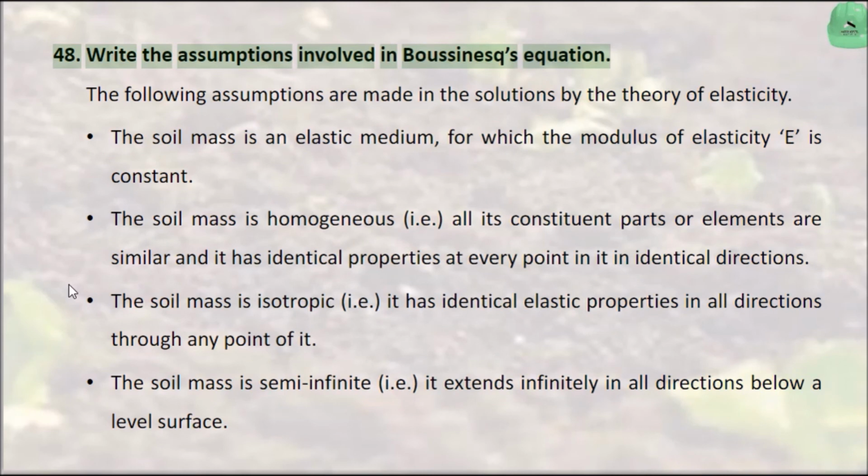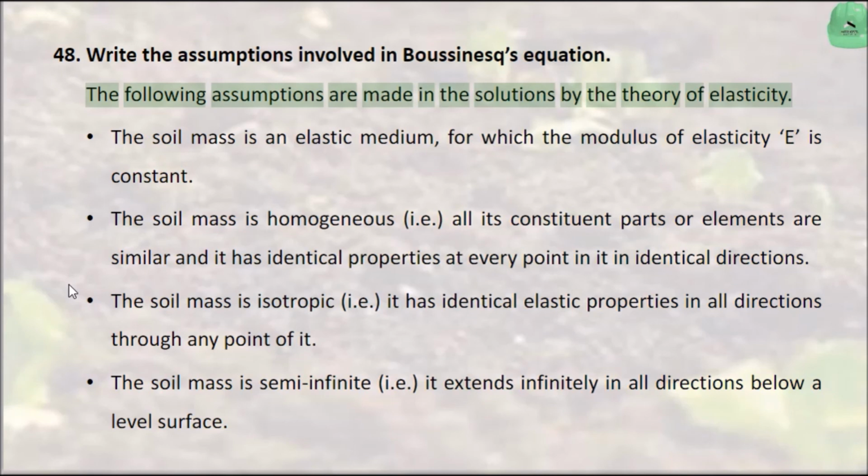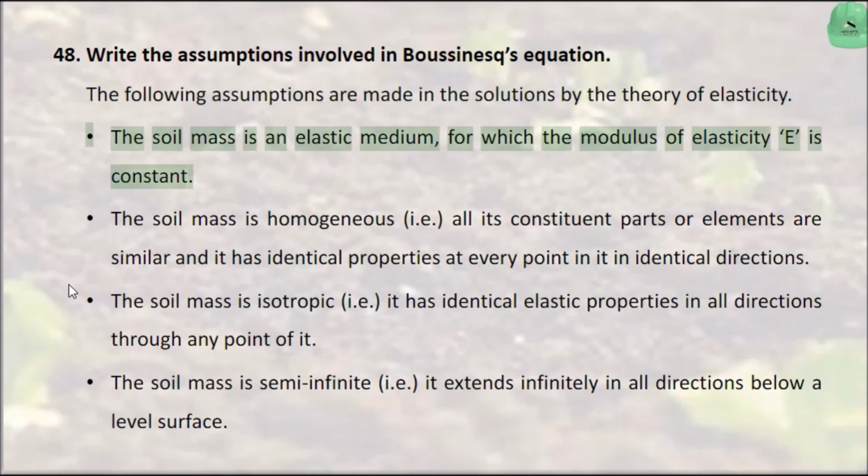Write the assumptions involved in Boussinesq equation. The following assumptions are made in the solutions by the theory of elasticity. The soil mass is an elastic medium, for which the modulus of elasticity E is constant.